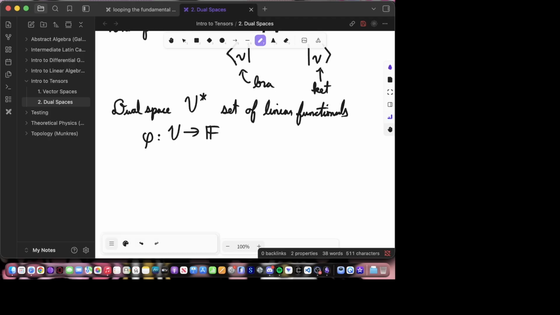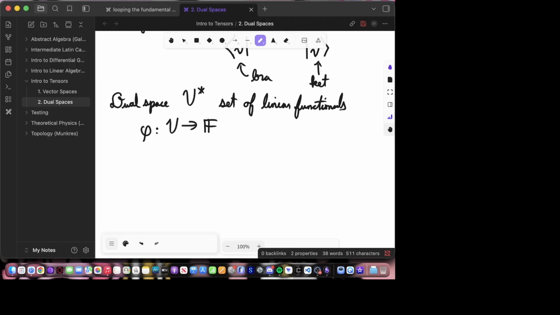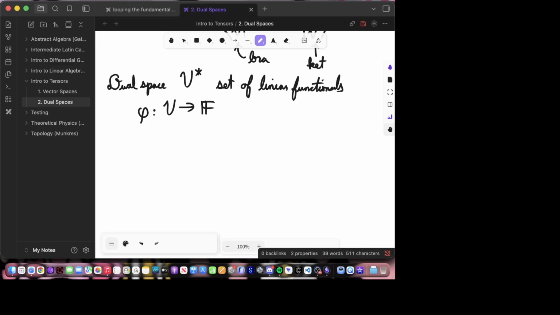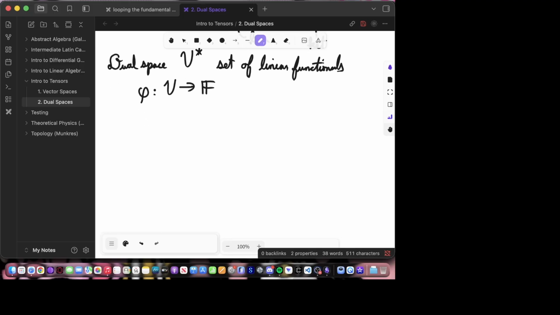Now let's discuss the dimension of the dual space. At least for a finite dimensional vector space, one would assume that the dimension of the dual space is exactly the same as the dimension of the vector space in question. So let's discuss that.